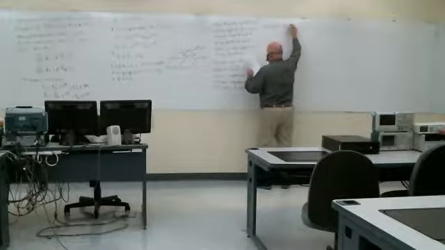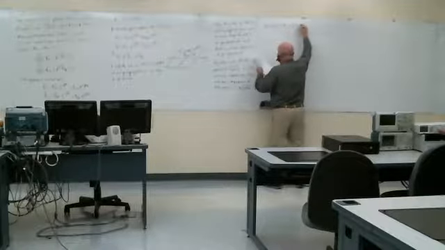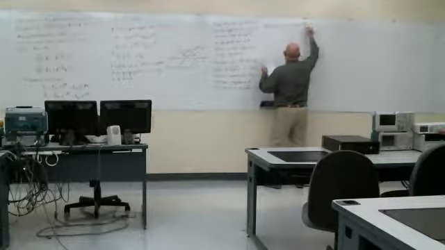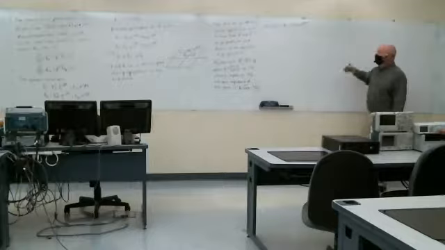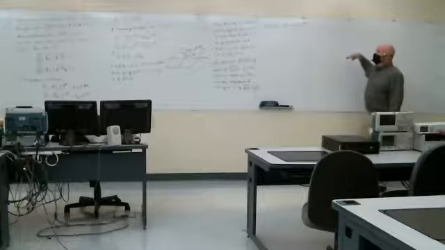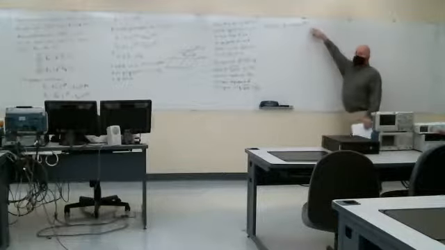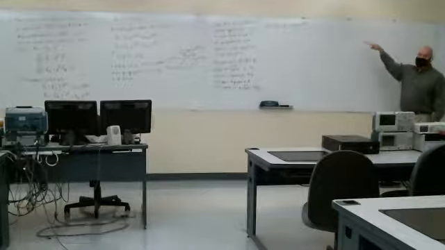So if I give you a phasor for the electric field intensity, in this case we know that it's in the x direction. We know that it's actually propagating in the plus z direction. That's because of the minus j beta z.